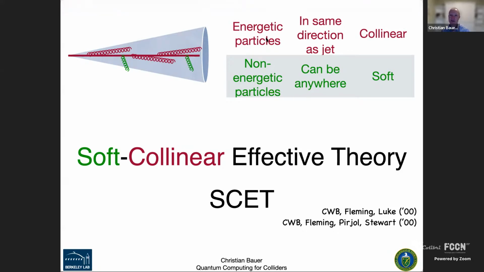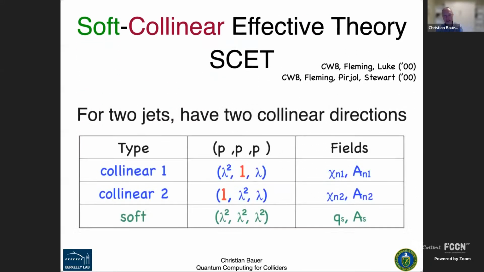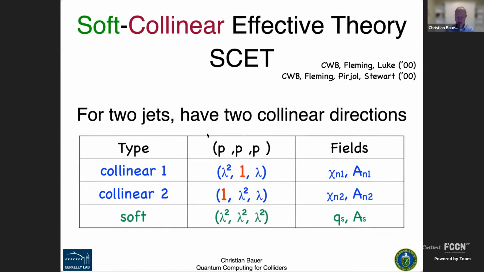Those are called collinear particles. They're in the same direction as a jet. And then there are these non-energetic particles that go anywhere, but they are soft particles. I already told you that this lives at a scale mj, and this lives at a scale mj squared over Q. And so SCET is essentially an effective theory that works in that limit of infinite scale separation.